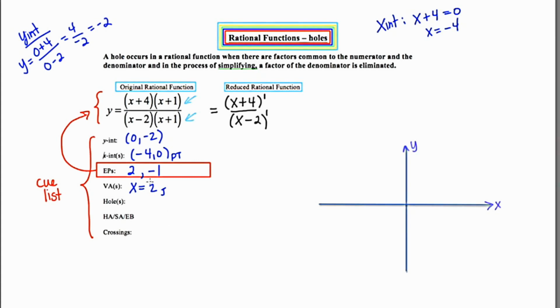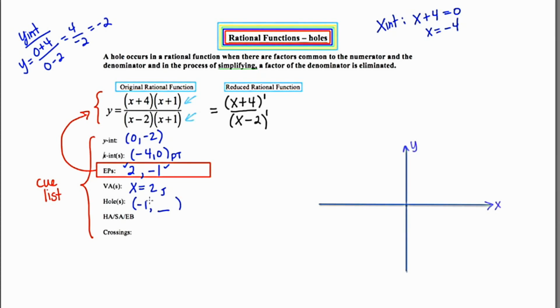The rule of thumb is every excluded point plays a role, and every excluded point will either be a VA or a hole. Well, we already have the VA taken care of, and that's at x equals 2, but there is this value of negative 1 that has not been addressed yet, and that's where the hole is going to be. There is going to be a hole when x is equal to negative 1. So I'm going to set up an ordered pair, letting x equal negative 1, and then I've got to figure out what the y-coordinate that goes with it is.